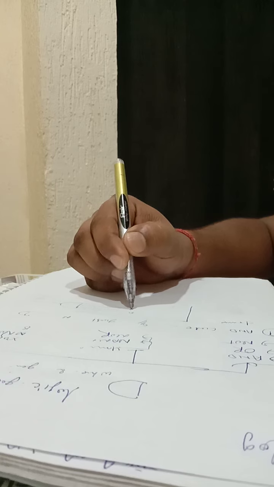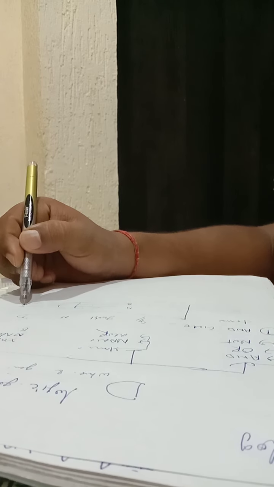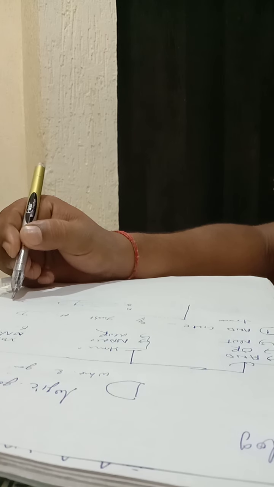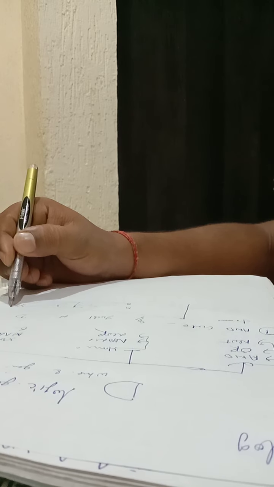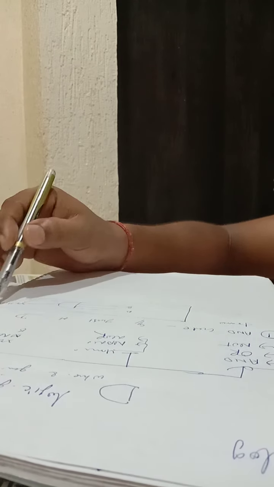Suppose A and B are two input signals. The output signal Y is given by the dot product, Y is equal to A dot B. This is the block diagram.